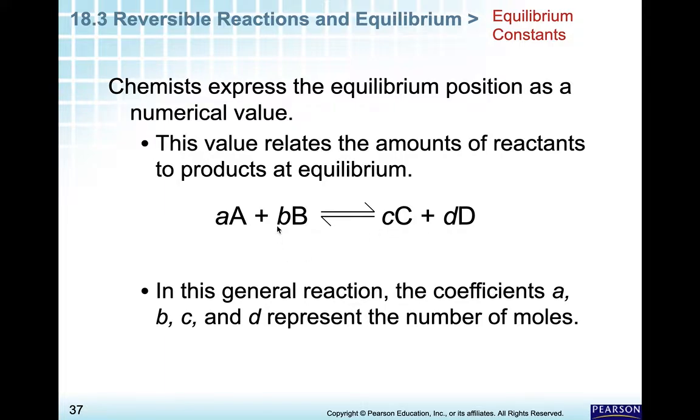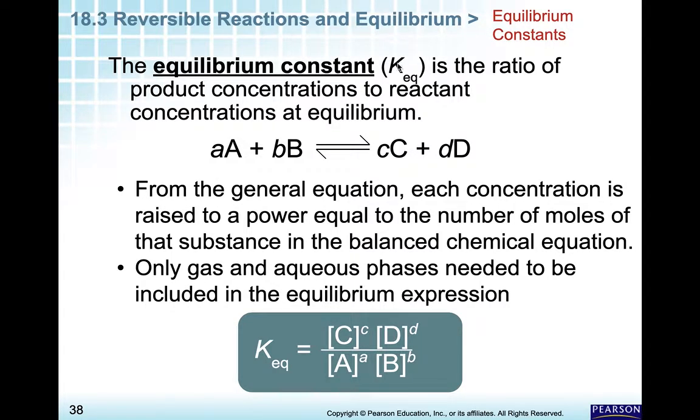This is where numbers would be. This is the a moles of compound A. So if this little a were a 2, it'd say that there were 2 moles of compound A. This is just a very general form for any chemical reaction. And what the equilibrium constant is going to do is tell us the ratio of products to reactants at equilibrium.